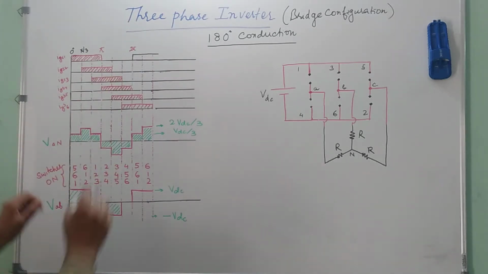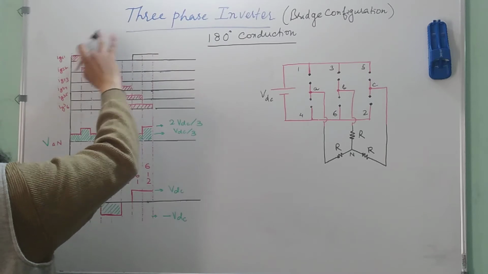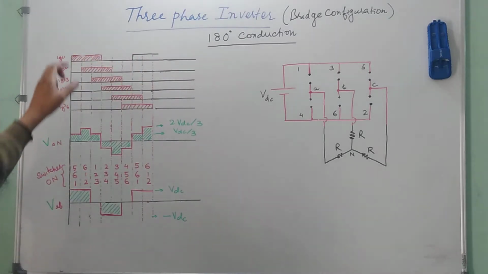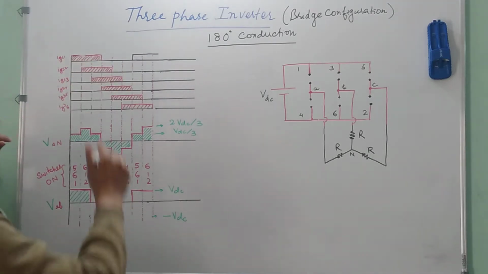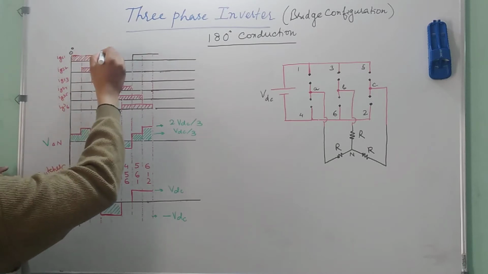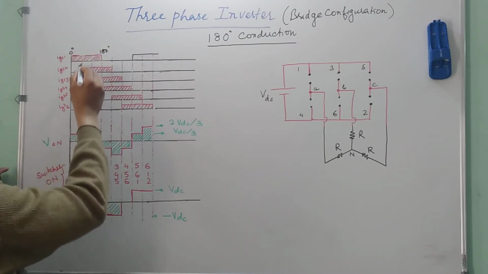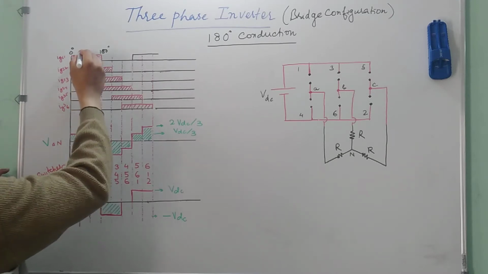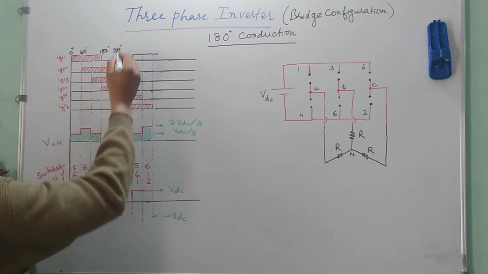It is better to represent it in degrees, because representing it in radians sometimes becomes difficult. So this starts from 0 degrees and this is for 180 degrees. The signal to the second switch is given at 60 degrees and it continues till 240 degrees.